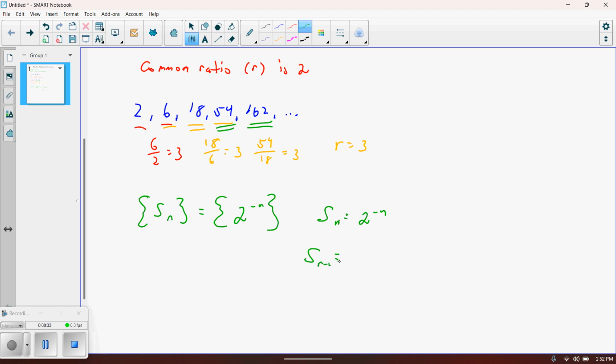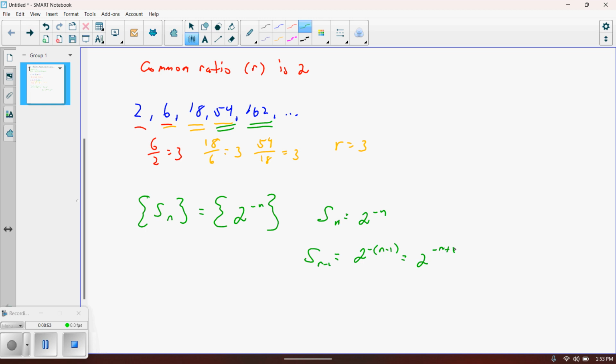The n minus 1 term would be 2 to the negative, and then we're simply going to replace n with n minus 1. That would be the term right before it. Of course, distributing that negative up on top there, we would get negative n plus 1.